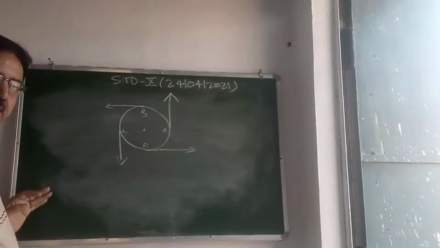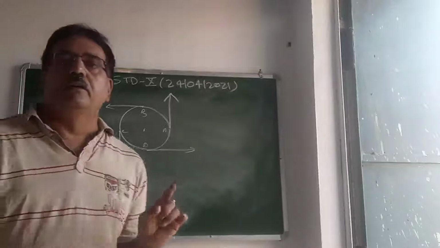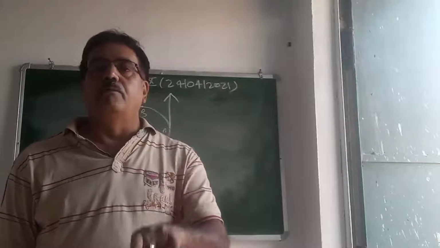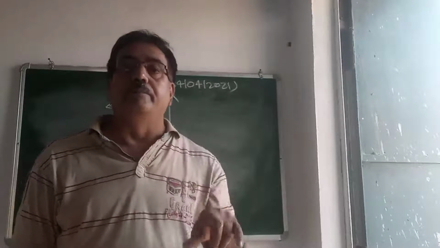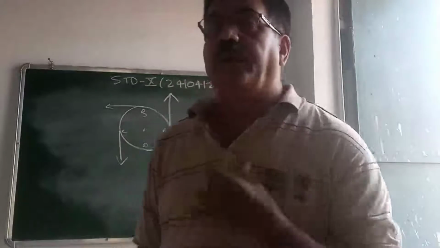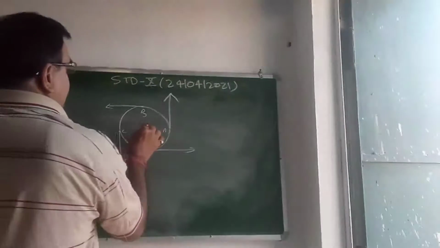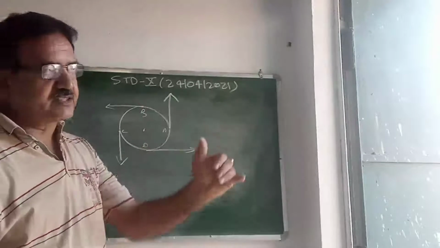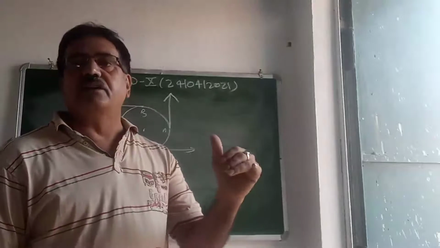Now the question is, why is the work done 0 by a body moving in a circular path? This is the answer we have to write. Centripetal force, you have studied in the first chapter, is a force which acts toward the center in a circular path.